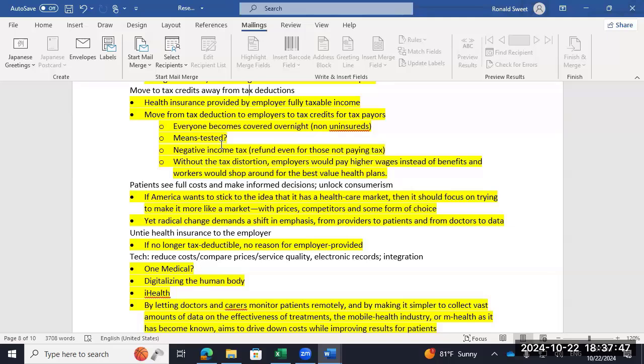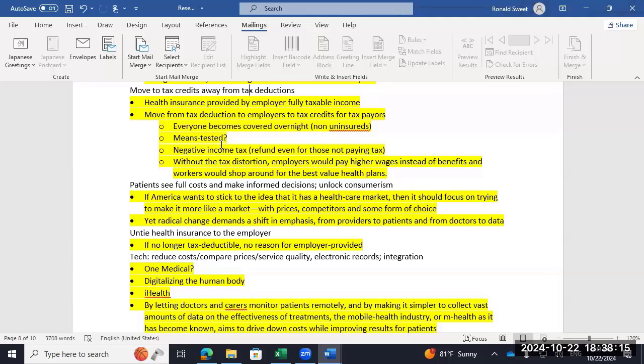So my solution, I would means test it definitely. It would even be a negative credit. So if you have no income and no income tax, you would still get a tax credit, but only to buy health insurance. Now I'm sure there are big problems with that, but get rid of the tax deduction, make health insurance that's provided by employers fully taxable, and then, for those that are covered, get them a tax credit.